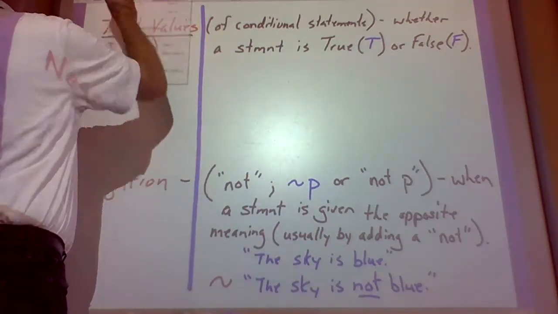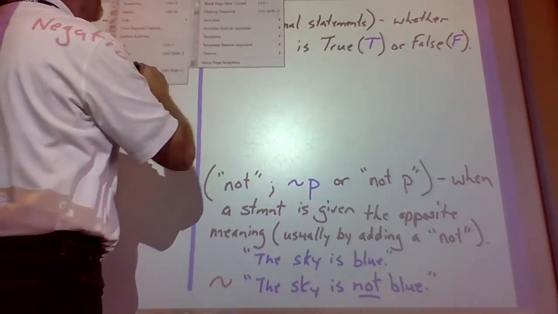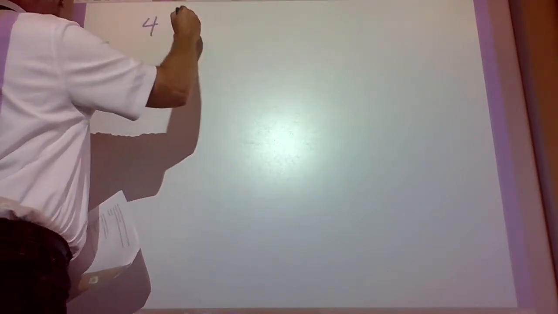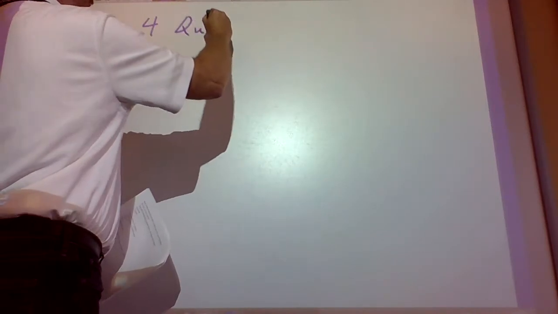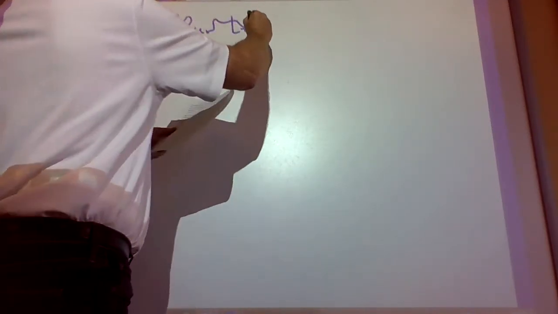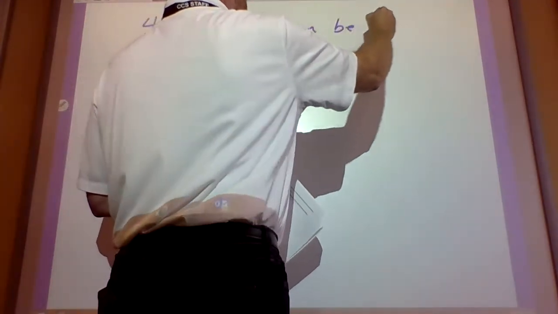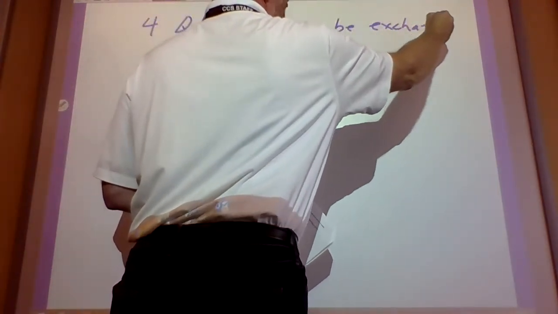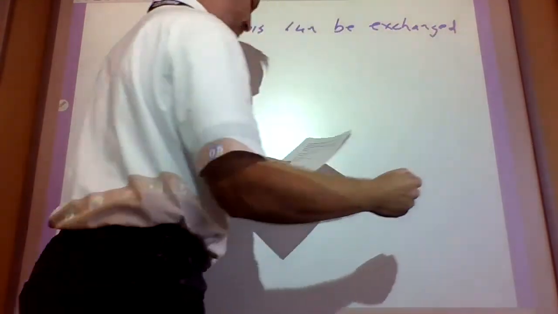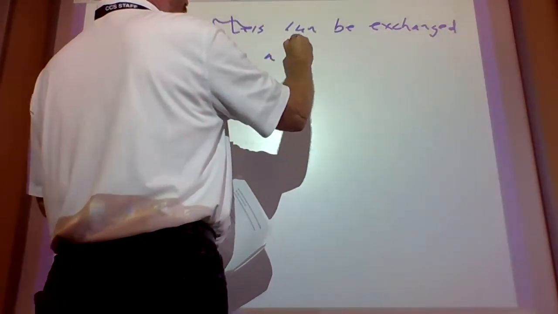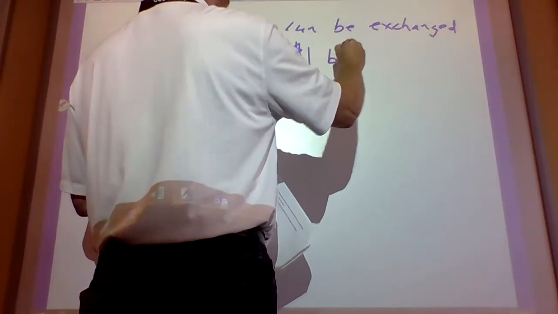Let's see if I can insert page before the current page. Okay. So what I would do, and again, it says 4 quarters can be exchanged for a $1 bill.